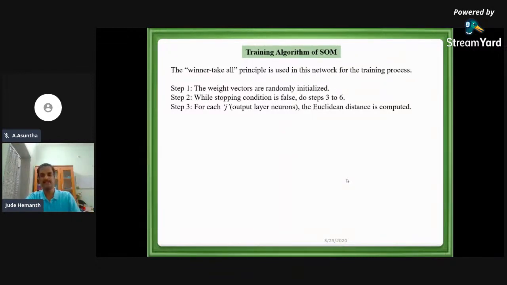That's what I said yesterday. But this SOM is slightly different, which depends upon the distance measure. Net value calculation is for BPN and distance measure is for the self-organizing map, right? Net value calculation means multiplication, where the output should be maximum. Distance measure means difference, where your output should be minimum.